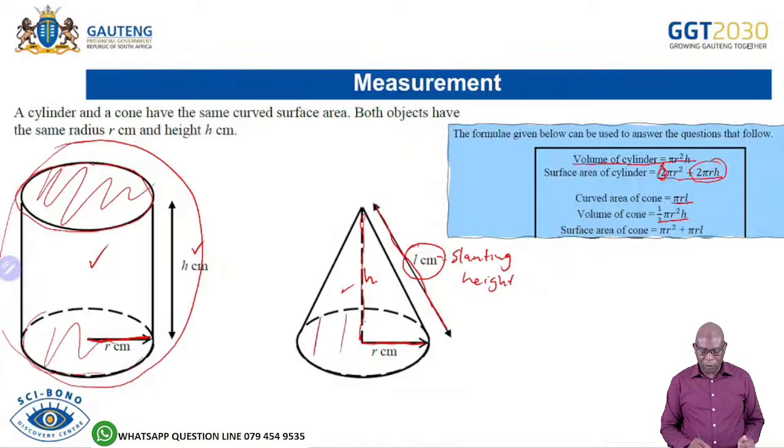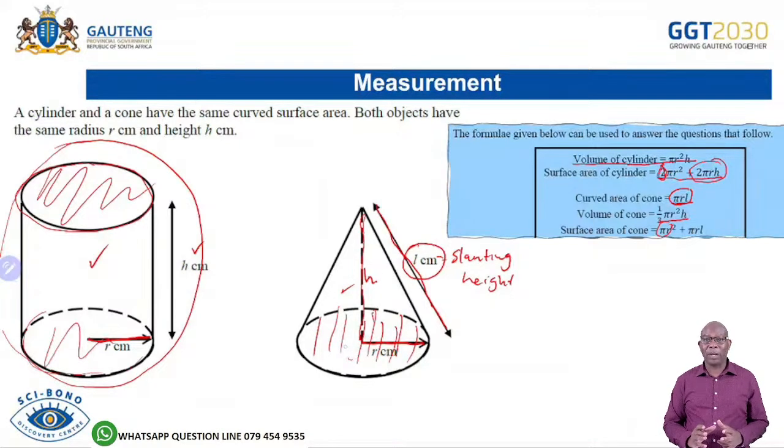Remember, the base of a cone is circular, so it will be the area of the base multiplied by the height. The surface area of the cone is the area of the base plus the curved area of the cone, so it's this part here plus the area of the circular base.